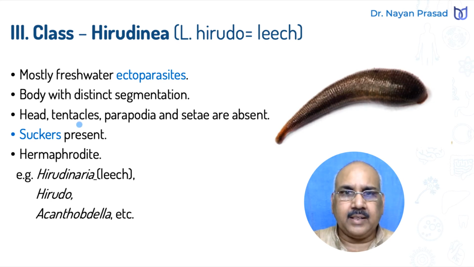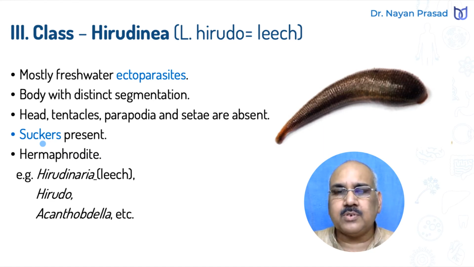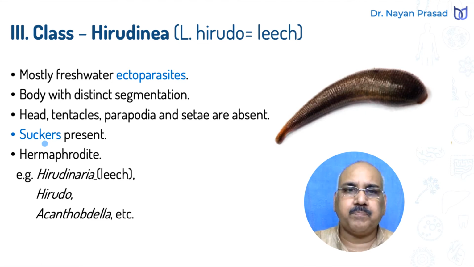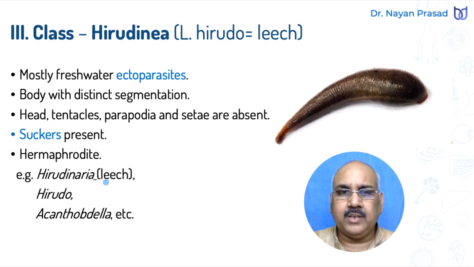Head, tentacles, parapodia and setae are absent. Instead, they have well-developed suckers, suckers for attachment with their host, and suckers for sucking their food materials. These are also hermaphrodite or bisexual. Common examples are Hirudinaria, the scientific name for leech, Hirudo, Acanthobdella. These are all the members of class Hirudinea.